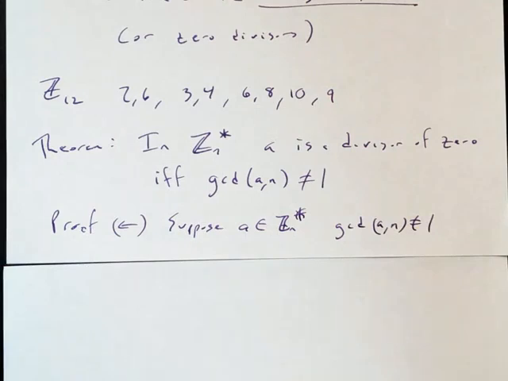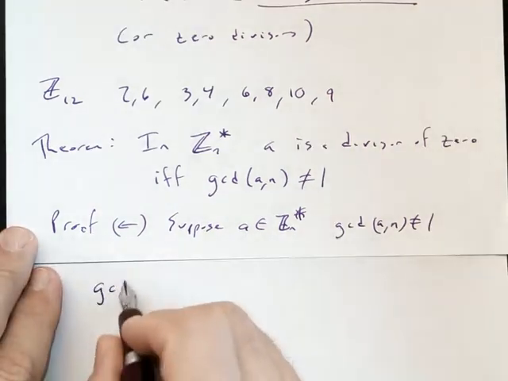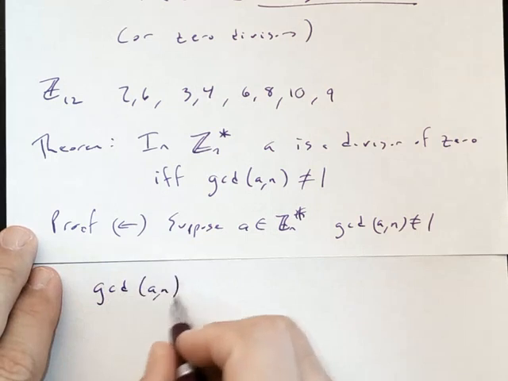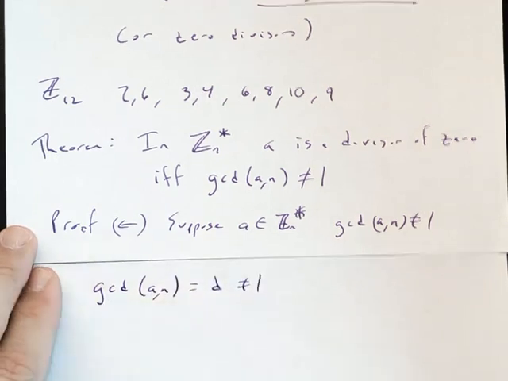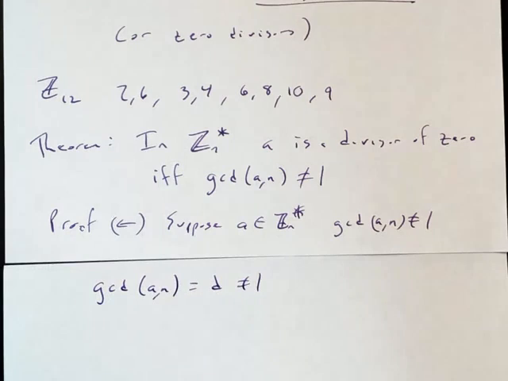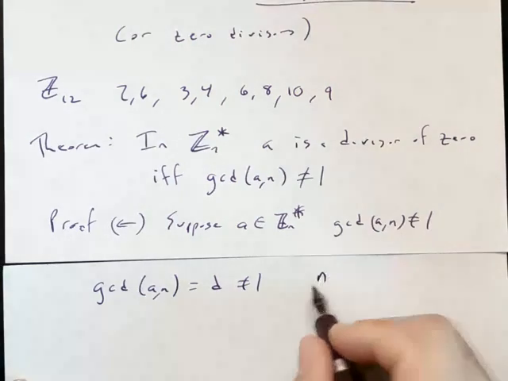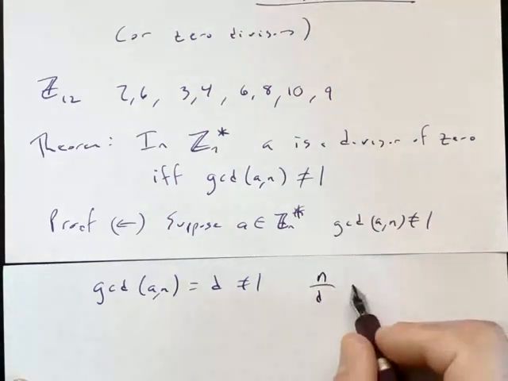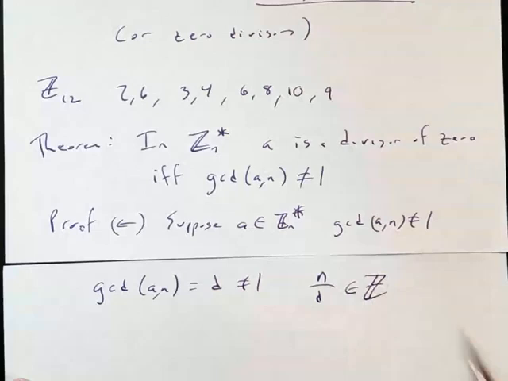Well, let's call the greatest common divisor D. But that means that D divides N, right? That means that N over D is an integer.